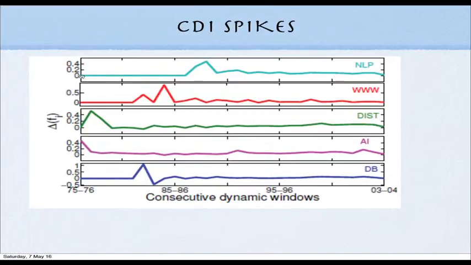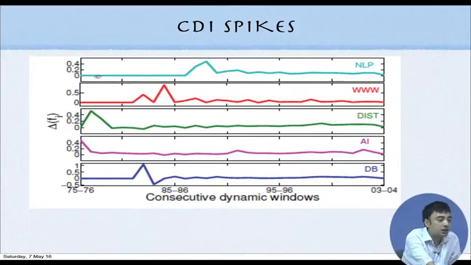Initially the citation diversity index is low, at one point it rises, therefore the difference spikes up. At this point the citation diversity suddenly grows, that is, the field has suddenly become highly interdisciplinary. So the difference between the CDI values at the previous point and the next point is high, so the value spikes up.